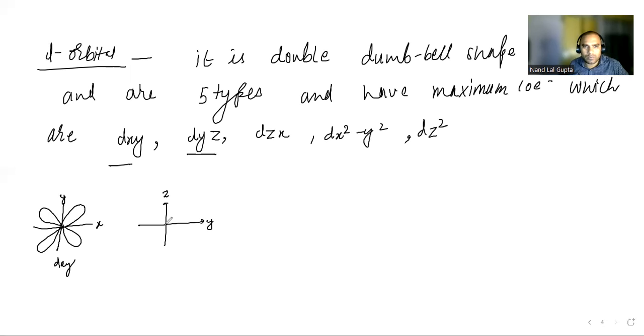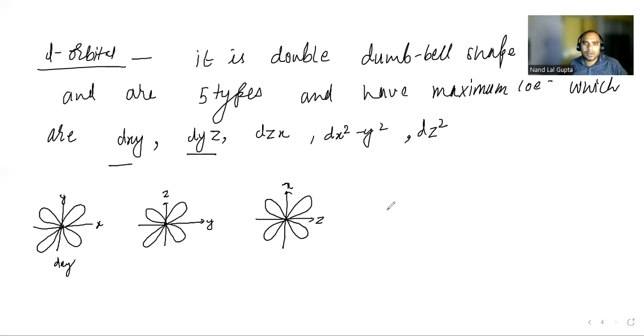Let us draw it out. Here is the yz, and the last one is zx, where the orbital is between z and x.